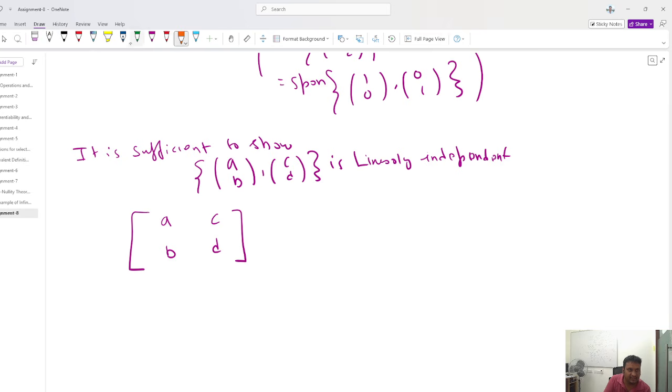So let us call this matrix A. Note that what you have been given is that AD minus BC is non-zero, okay? So let us analyze.